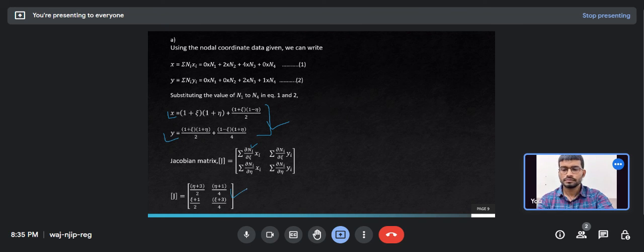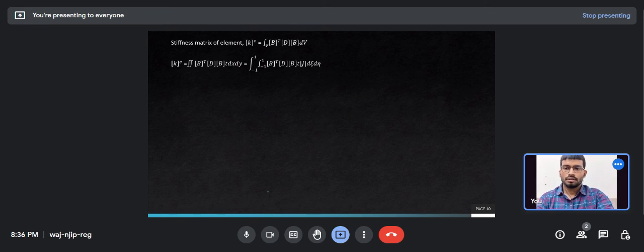And once we get the Jacobian matrix, we can easily calculate the determinant from the matrix. We have seen this in the previous problem also. And for the calculation, this is the basic formula, and for the 2D element, this volume term we can convert in the form of dx and dy.